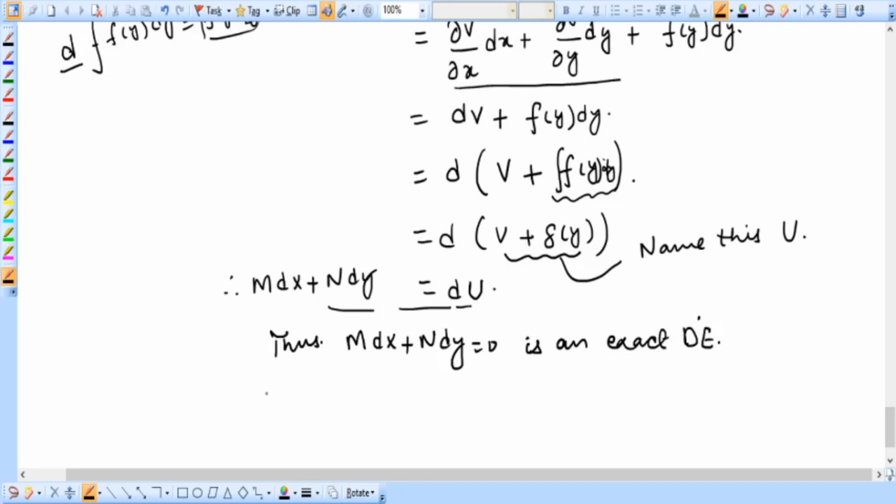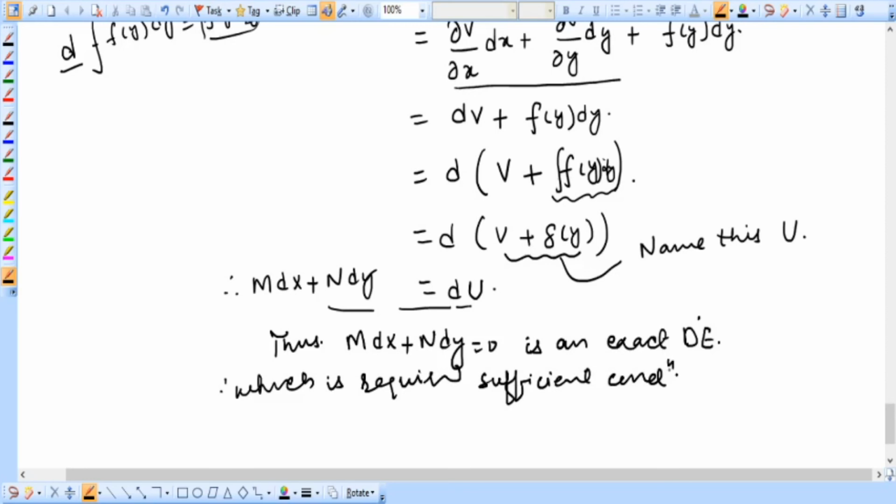Hence, in this way we are able to prove the sufficient part, which is the required sufficient condition.